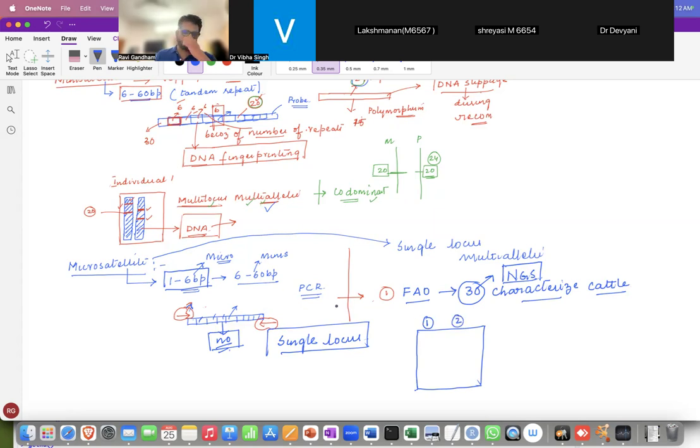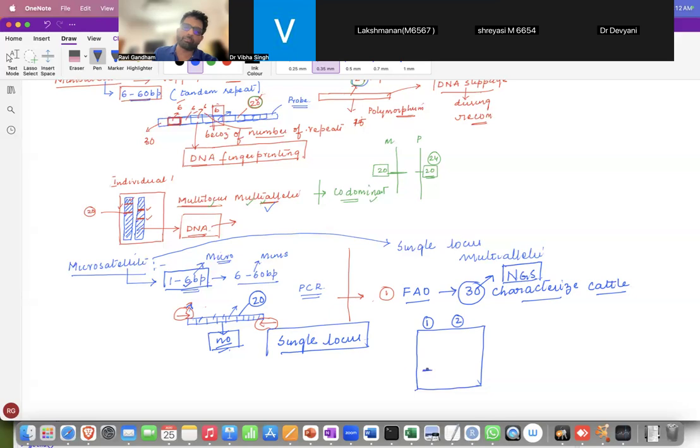Now, for a set of primers, if you are running a gel after amplification, you'll get specific bands here. In one particular individual, we have around 20 repeats. And these 20 repeats, let us say, account for around 120 base pairs, because the maximum is 6 base pairs.